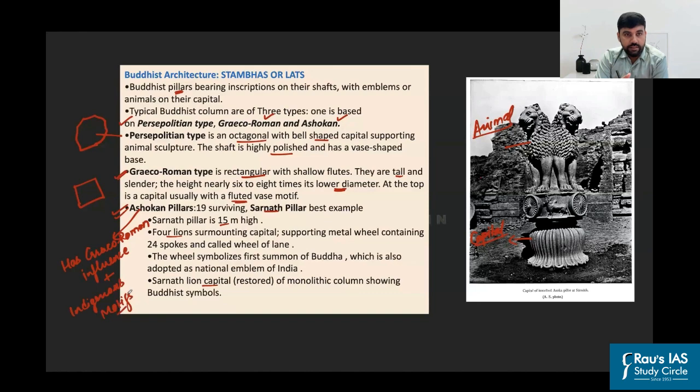Just to clarify, guys, the first two, that is Praeto-Polynesian and Greco-Roman, they do not have religious connotation. Got the point? Greco-Roman, for example. So Greco-Roman pillars were also part of buildings. But do you find Ashokan pillars as a part of building? No. They are single standing pillars.